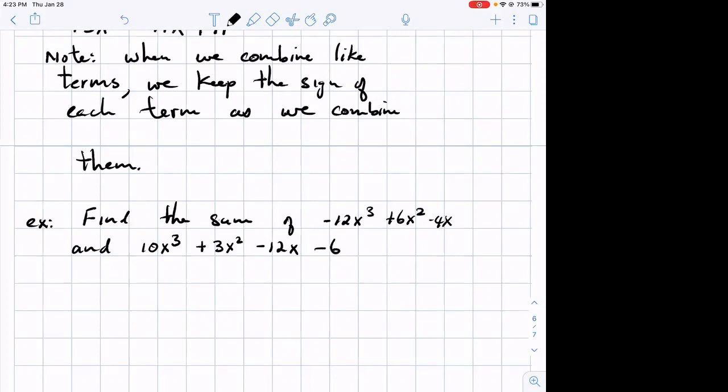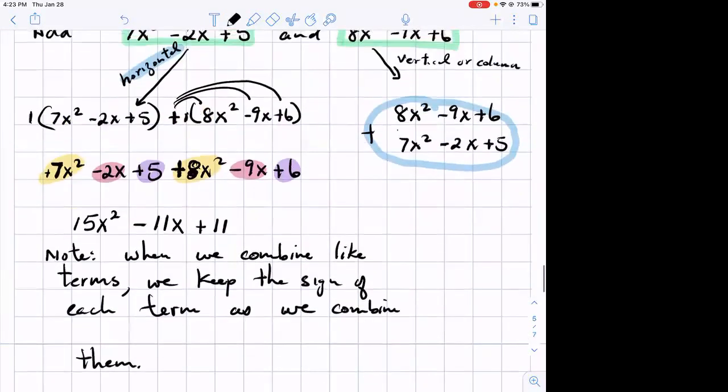So once again, we can use the column or what I call the horizontal method.